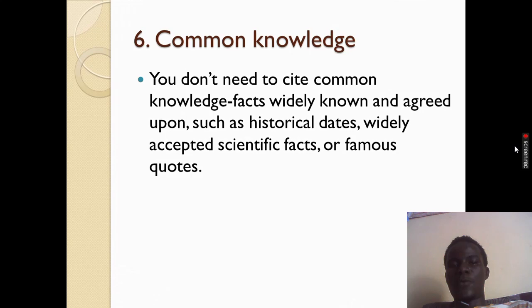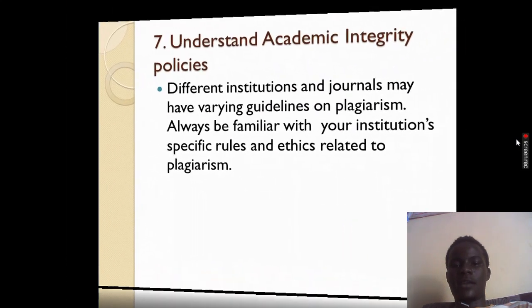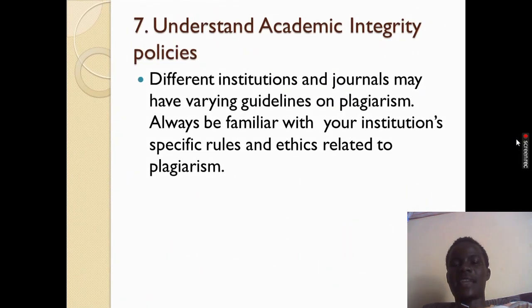So we will go ahead to the last bit, that is understanding academic integrity policies. You need to understand the academic integrity policies, because different institutions and journals may have varying guidelines on plagiarism.